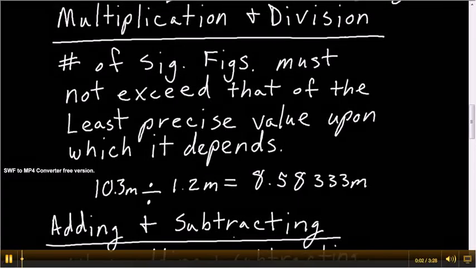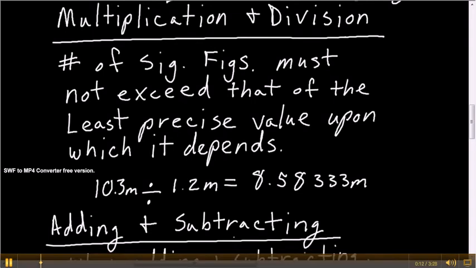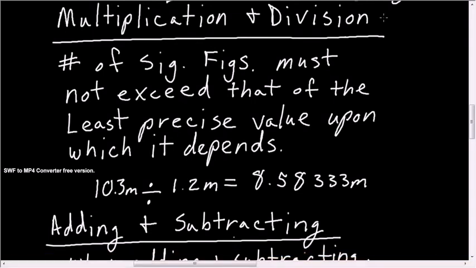Okay, so now what do we do if we're multiplying and dividing or adding and subtracting different values we collect, and all these values are going to have different amounts of significant figures? For multiplication and division, it's really simple. The number of sig figs must not exceed that of the least precise value upon which it depends. So if I take, for example, 10.3 meters and divide it by 1.2 meters, I get this really long number, 8.583333, and this 3 goes on forever.